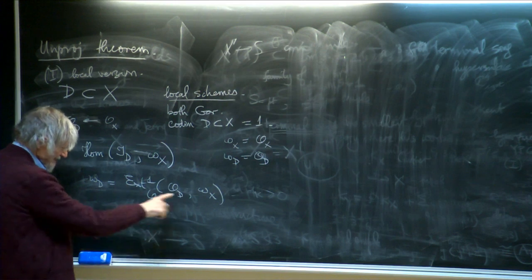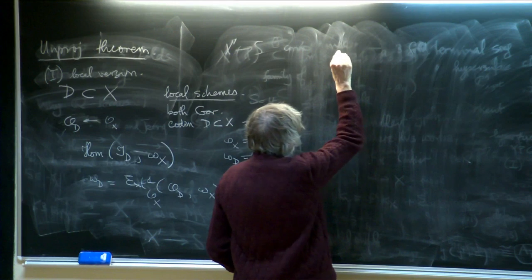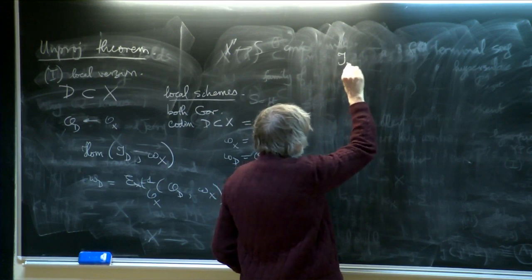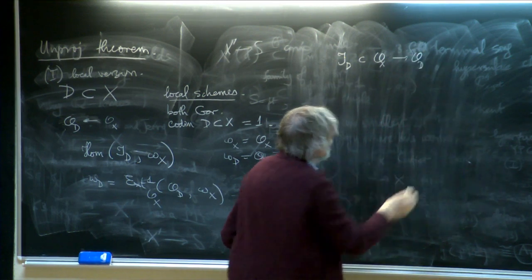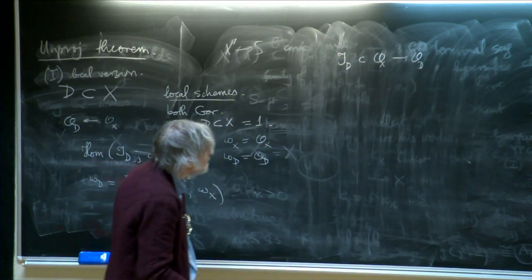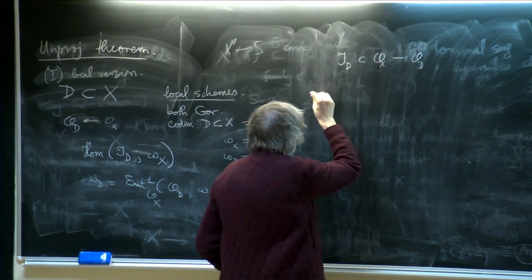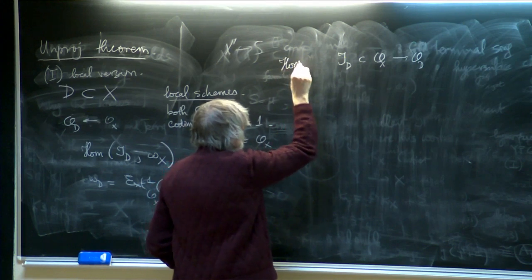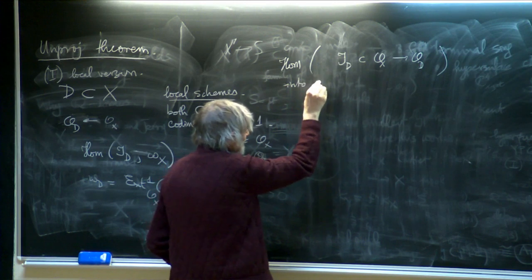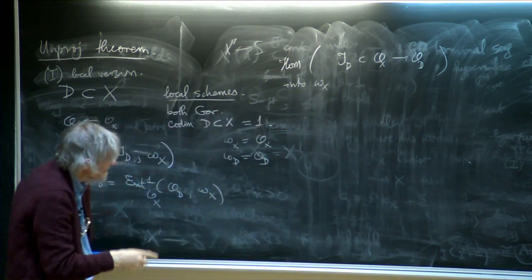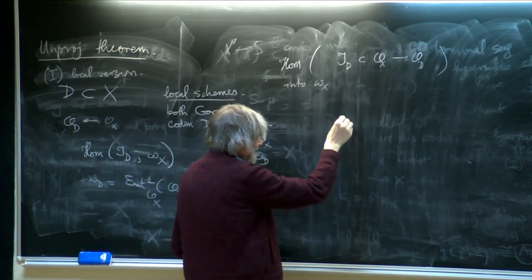Yes? So what is this Ext1? So the Ext1 means this. Write down ID maps to OX maps to OD. And I want to do HOM of all of that into omega. So apply the functor HOM into omega to this exact sequence.